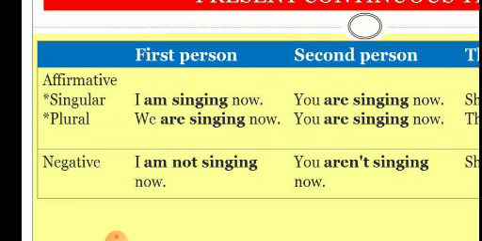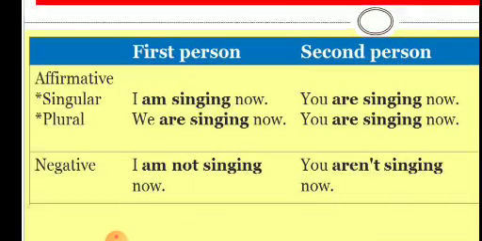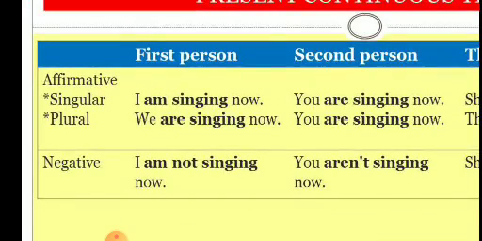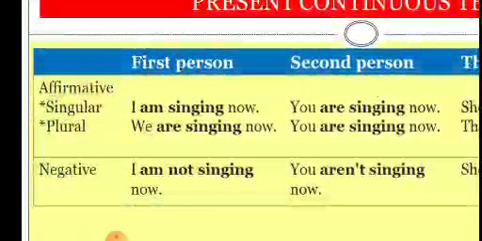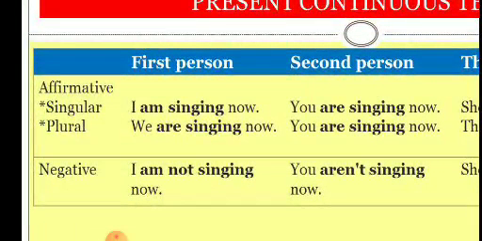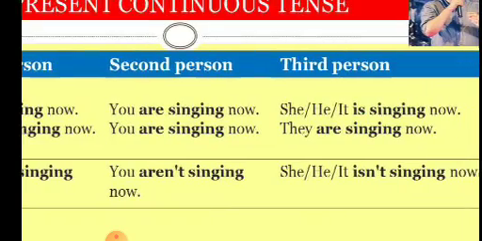For first person plural, subject plus are plus base verb plus ing. So, example, I am singing now. We are singing now. Likewise, for second person singular, you are singing now. That is subject plus are plus base form of verb plus ing. Likewise for plural, you are singing now.